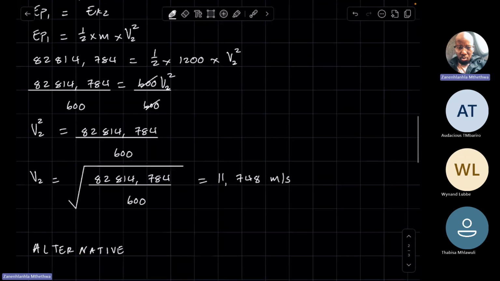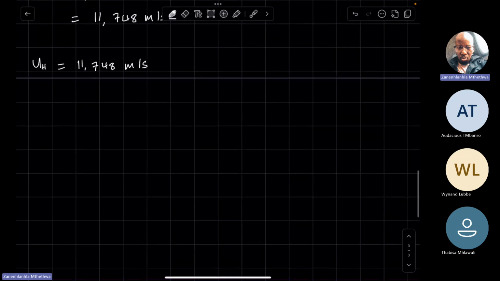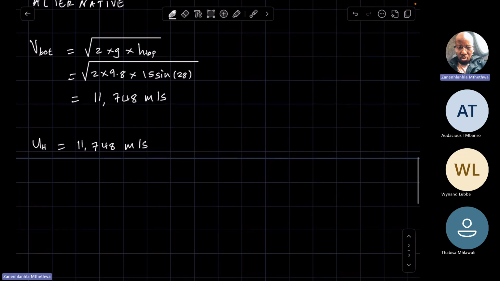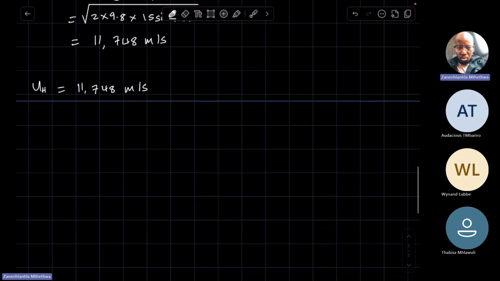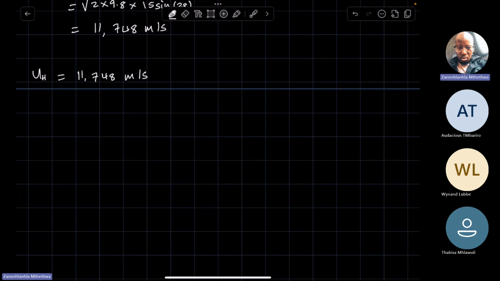Right. So now you have to think about which equation of motion is relevant or convenient for us to use, bearing in mind that we are looking for time. Now, because we have the distance, we have both velocities, so we have both v and u divided by 2, and we are looking for time.